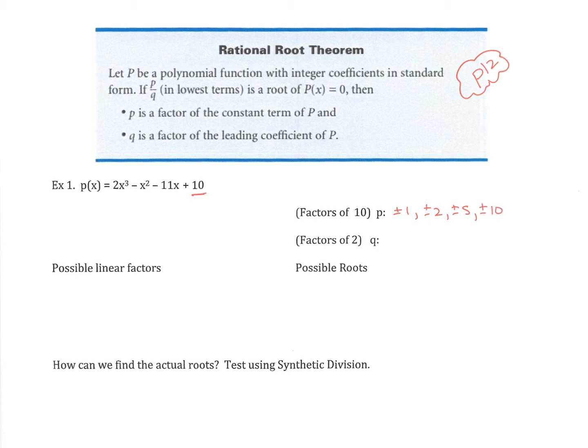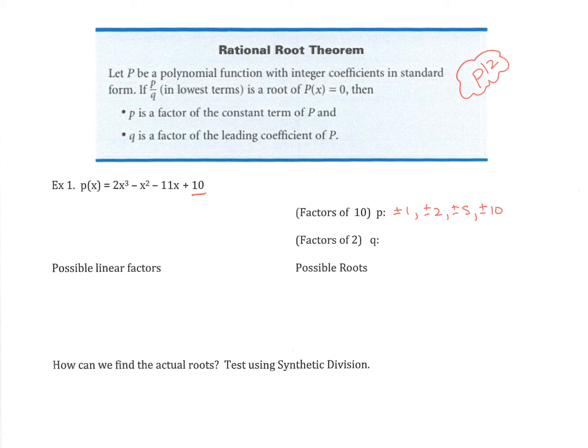So if you think about dividing 10 by negative 2, for instance, I'd get a negative 5. There's no remainder, no decimals, it divides evenly. If I took 10 divided by a positive 5, I'd get 2. No remainder, no decimals, it would divide evenly. All of those numbers that I listed would divide evenly into 10.